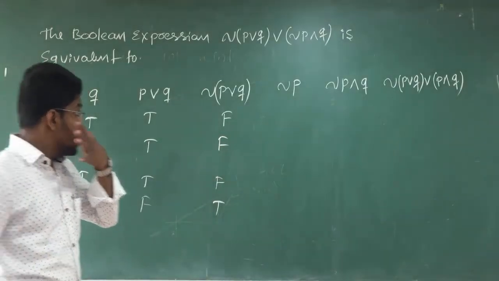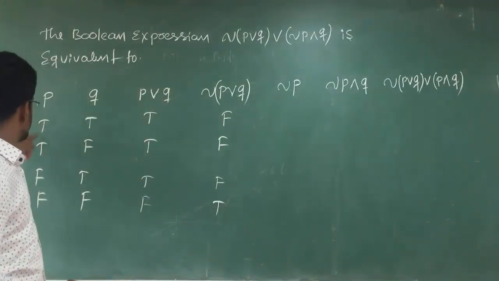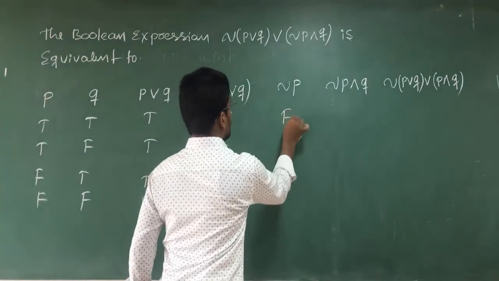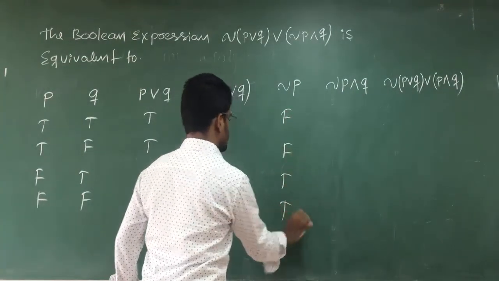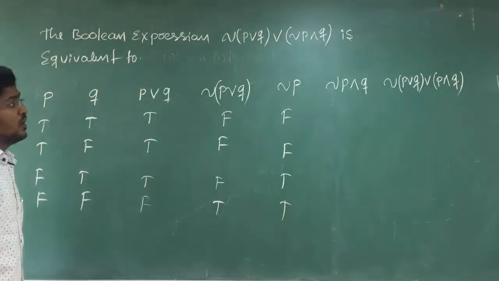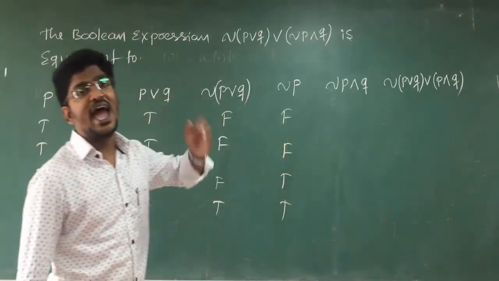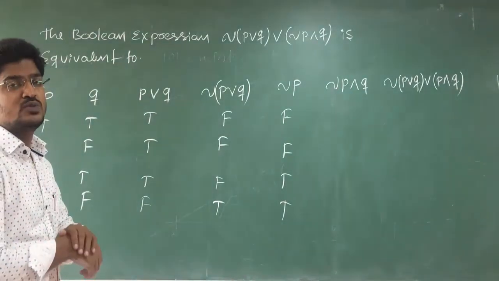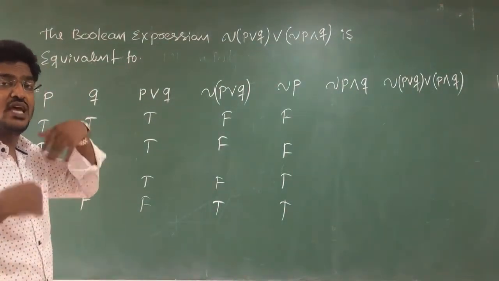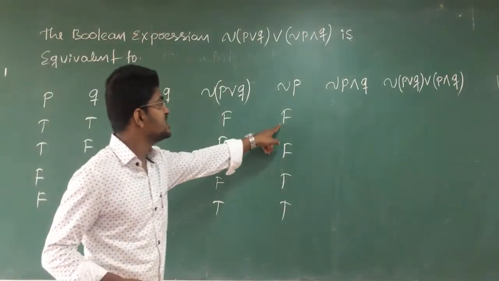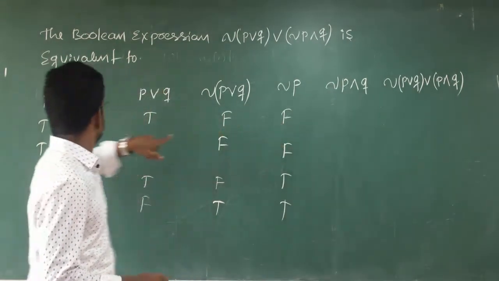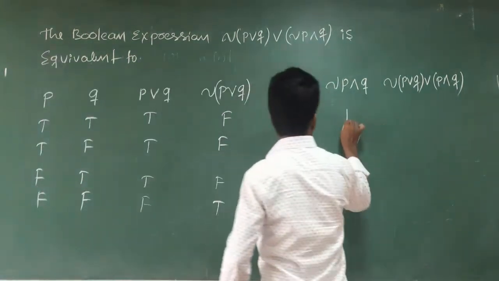Clear? So now this is negation of P. Negation of P will be what? False, false, true, true. Clear? Now, negation of P and Q. To solve this, you must know the logic that if both are true, then it is true. So this is negation of P. If this is false, then it will be false.